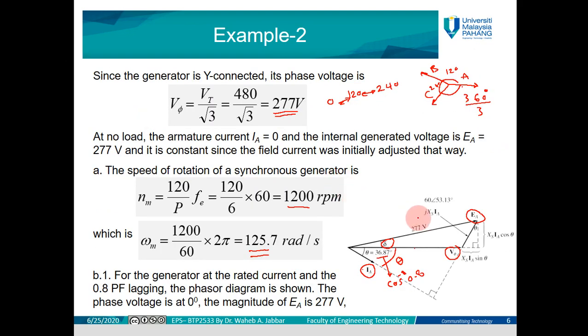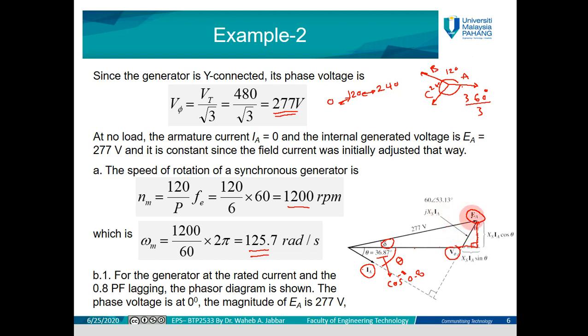If I ask you now how to find the value of EA, we have this right angle triangle, correct? The square of the hypotenuse equals the square of the adjacent plus the square of the opposite. So this is Pythagoras' law.